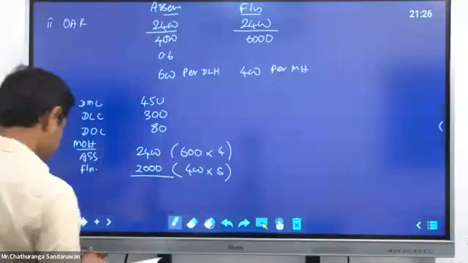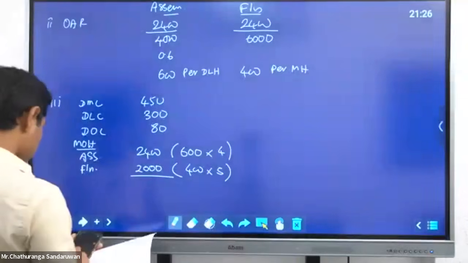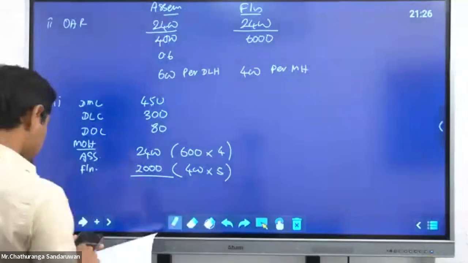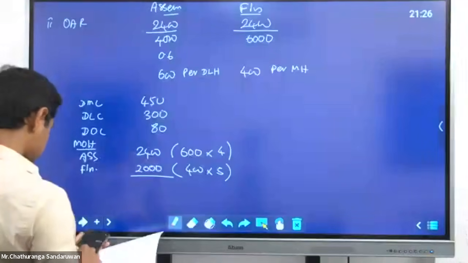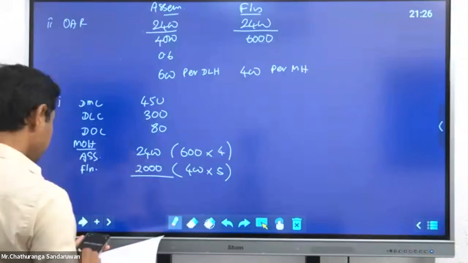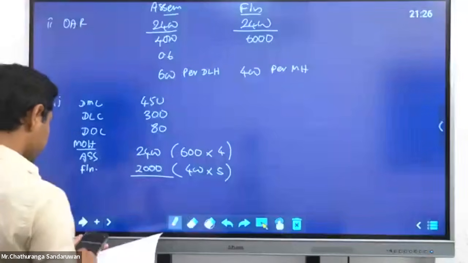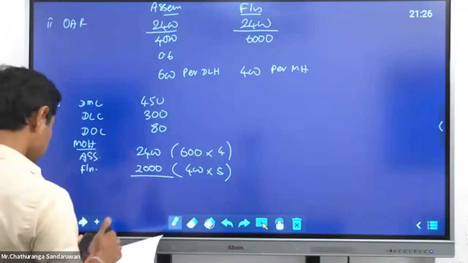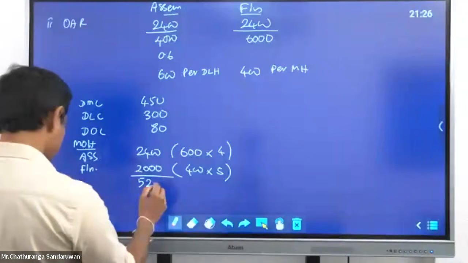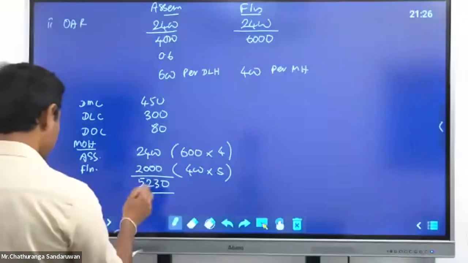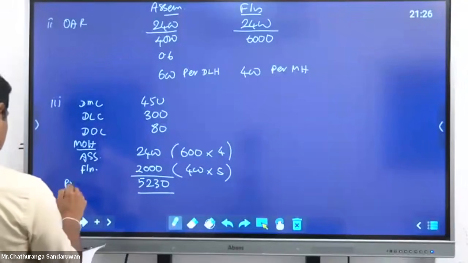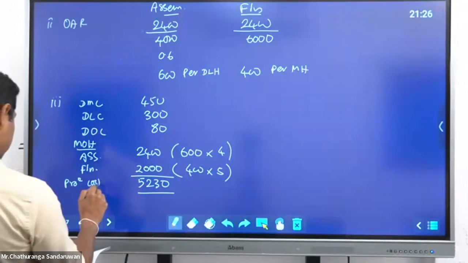How much? 450 plus 300 plus 80 plus 2400 plus 2000, that is 5230 production or manufacturing cost per unit, right? Production cost per unit.